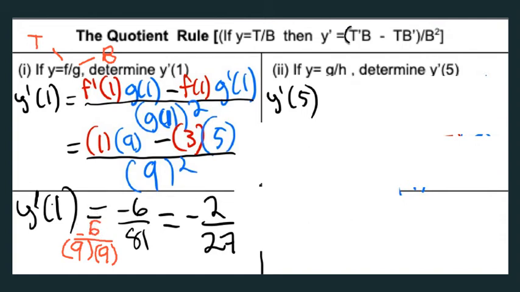If I look at this, negative 6 over 9, what does that reduce to? That's right, it reduces to 2/3. So it would have been negative 2/3 multiplied by the equivalent of 1 over 9, because we still had that 9 left on the bottom. And that would give us our negative 2/27.